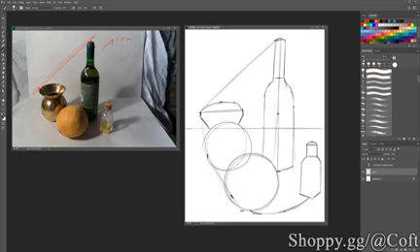From here, you could continue to refine some of the curves and straight lines. Make sure to not forget about the shadows as well in the background.